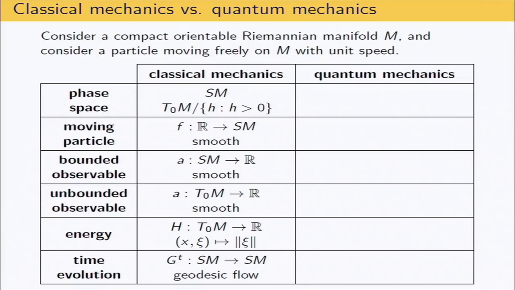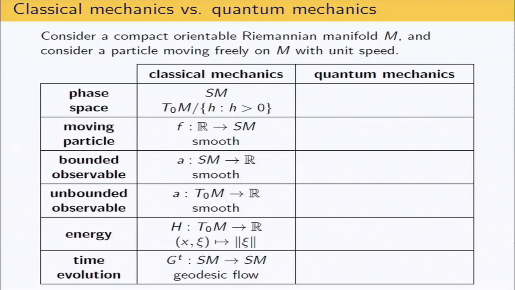So a point in the unit tangent bundle encodes the position and the speed, the unit speed vector, of the particle. And so the moving particle can be encoded in a function of time, so a function from R to phase space. And we'll assume that this movement of the particle is smooth in phase space.